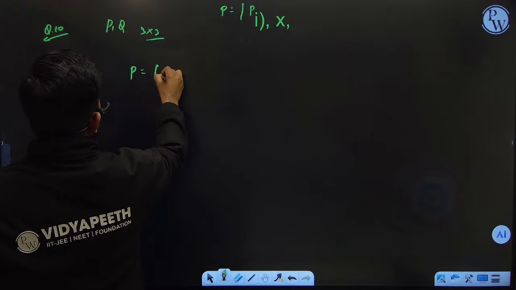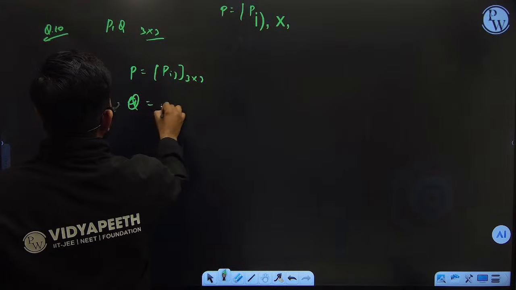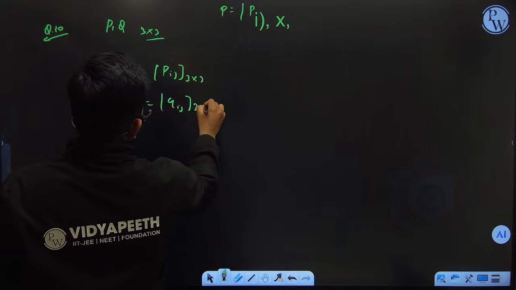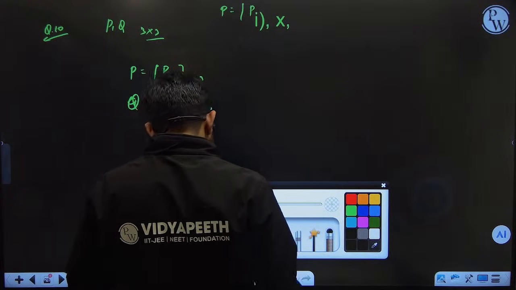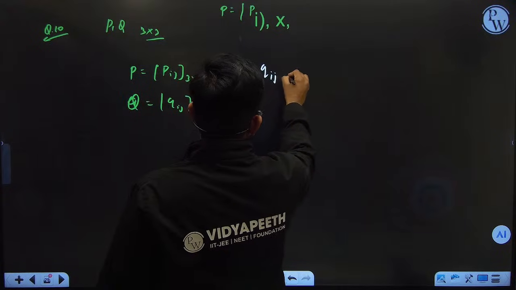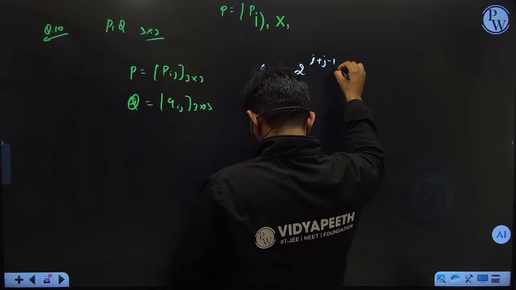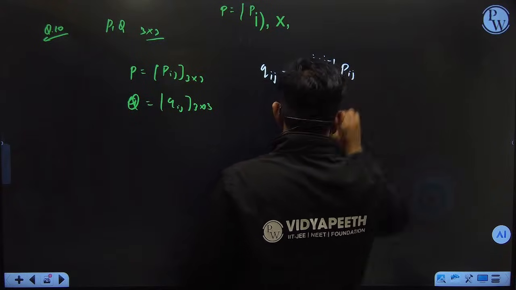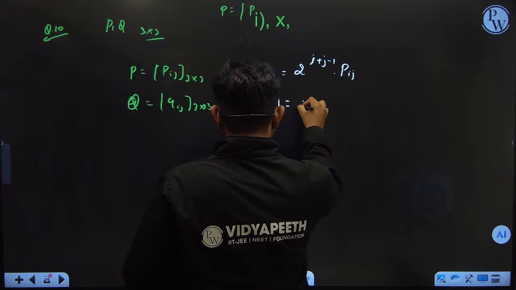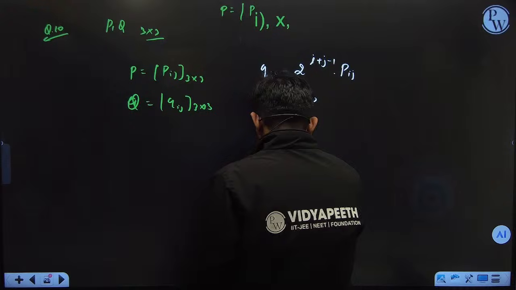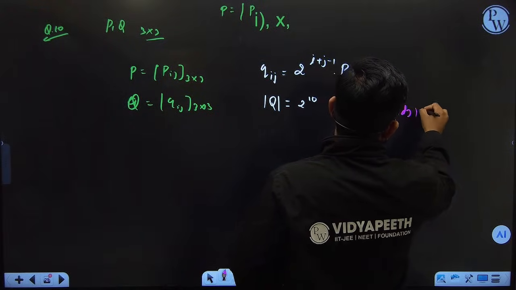P equals to Pij 3 cross 3 and Q equals to Qij 3 cross 3. And we have two more pieces of data. Qij is equals to 2 power i plus j minus 1 times Pij, and determinant of Q is 2 power 10. Finally we have to find the determinant of adjoint of P.